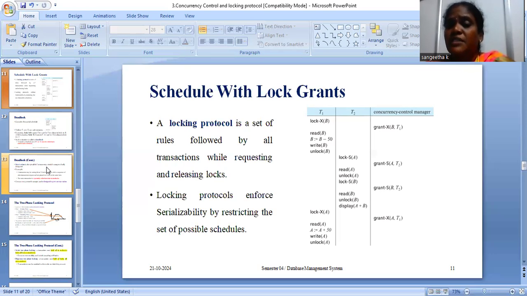If T1 holds an exclusive lock on B, then T2 asking for a shared lock will not be granted, because it is only possible after unlocking. If one transaction is reading and another is also requesting to read, that will be granted immediately because reading is possible. Locking protocols enforce serializability by restricting the set of schedules.